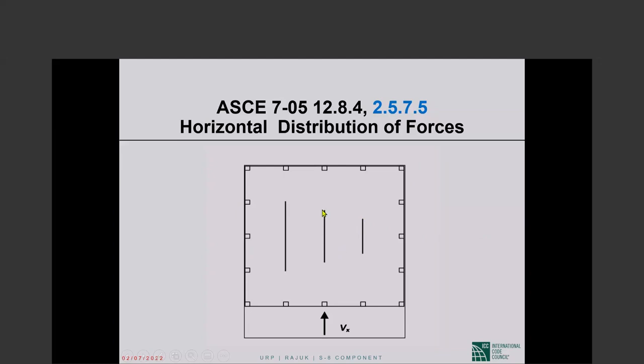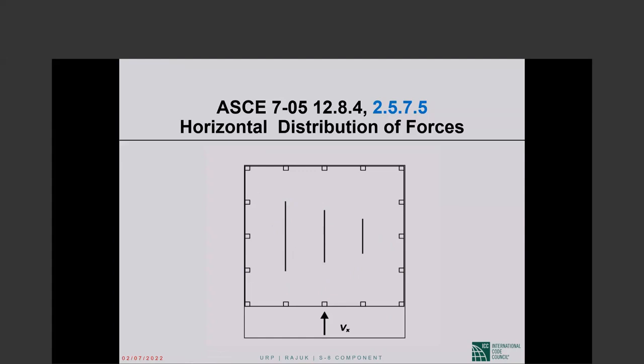It takes 3 units of force to do the same thing to this shear wall and 4 units of force to impart unit interstory drift to that shear wall. Then each of the 2 frames will get 1 share of V sub X. This will get 2 shares, this will get 3 shares, this will get 4 shares. Okay, so in proportion to the relative lateral rigidities.